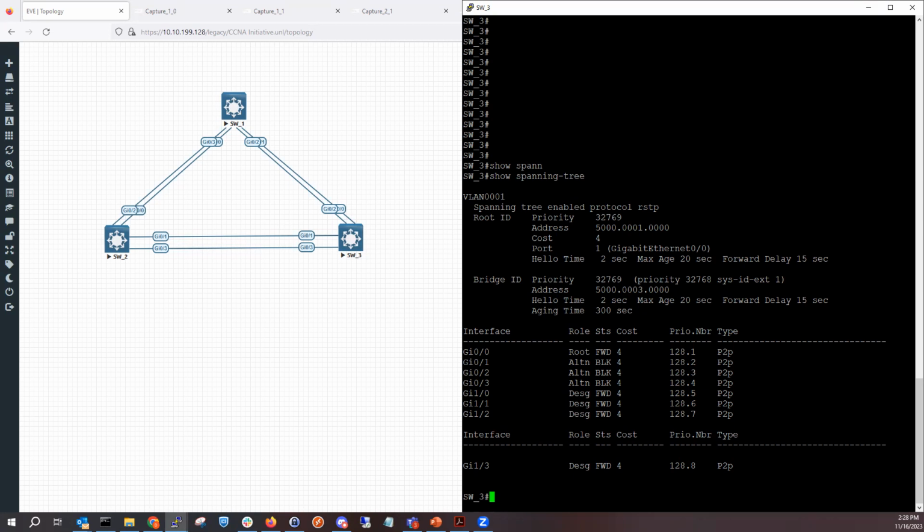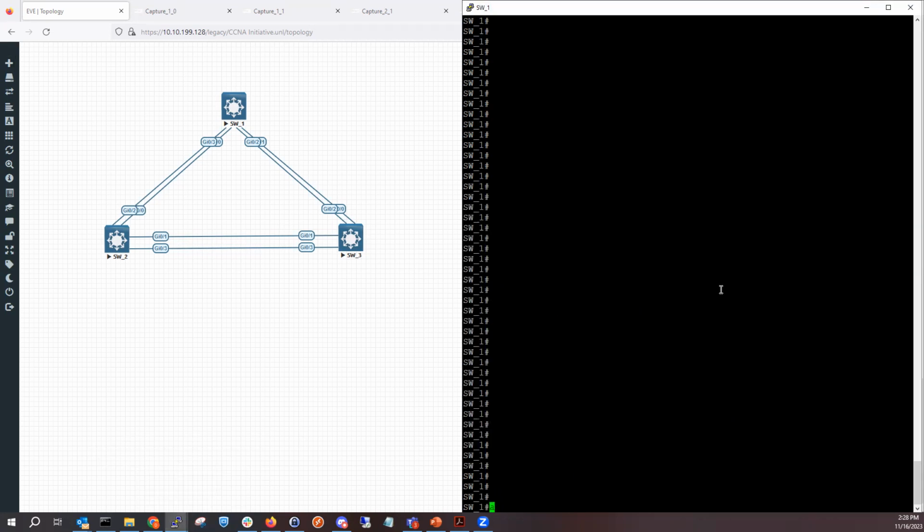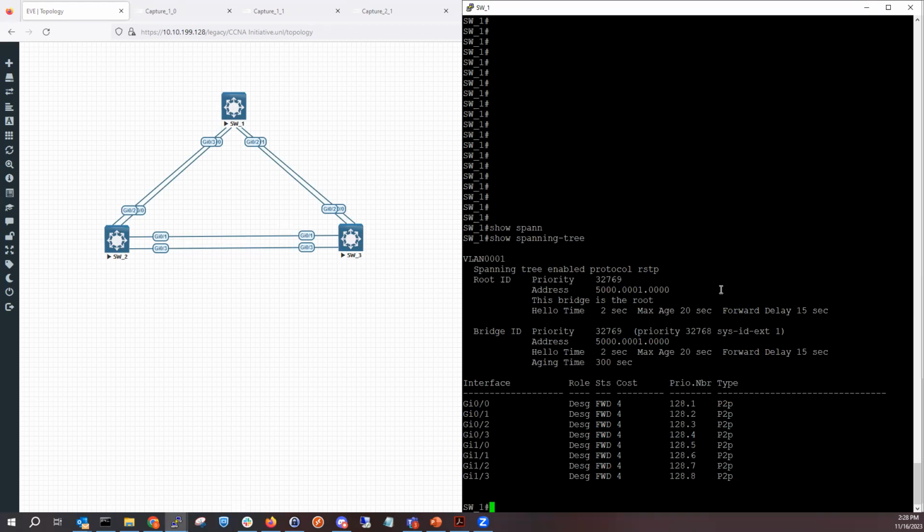Let's first look at switch one. Switch one, same rule I told you: it's the root. All of its ports are going to be in a forwarding state. So there's not going to be any changes to the role or the states whenever there is a new connection. So we can minimize this.